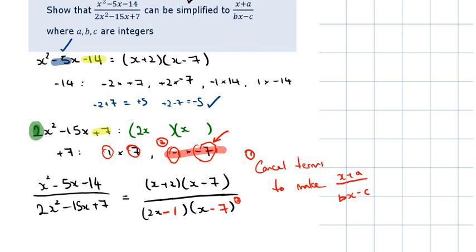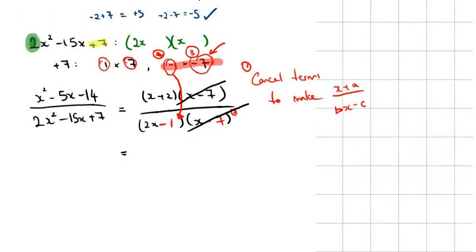This is my step 3 actually. Because I've chosen minus 7, the only thing that's left is this minus 1 that goes down here. So in this case I can cancel out the x minus 7 and x minus 7, and I get myself left with x plus 2 over 2x minus 1.